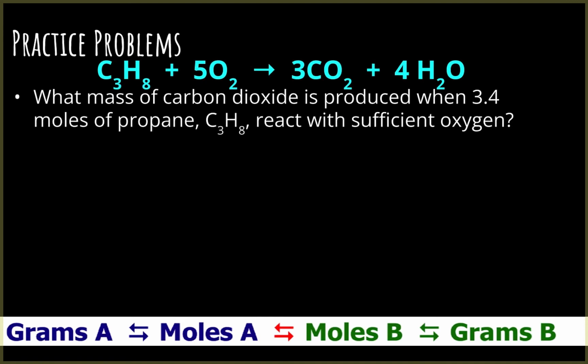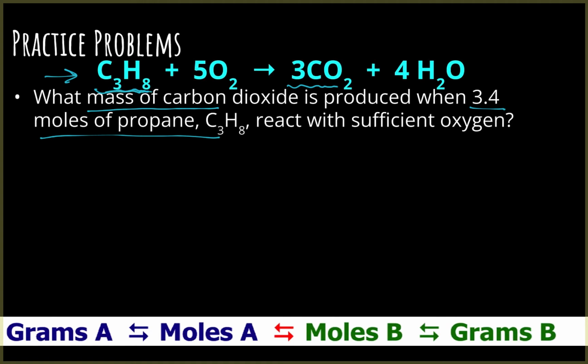So again, what we have to start with is the balanced equation. For these couple problems that we're going to work through now, the balanced equation is given. So we want to know what mass of carbon dioxide is produced when 3.4 moles of propane react. In this reaction, I'm going to underline the 2 things that I'm worried about. We're only going to deal with 2 things at a time in a problem.